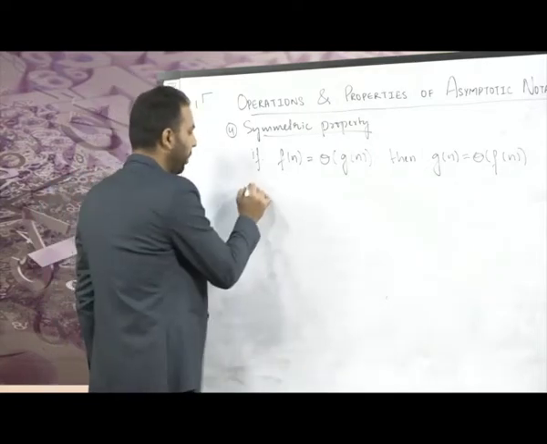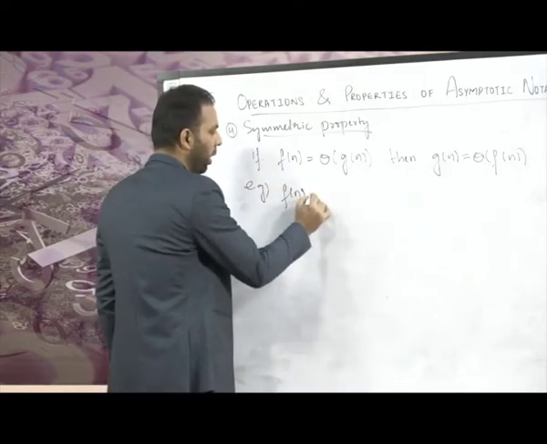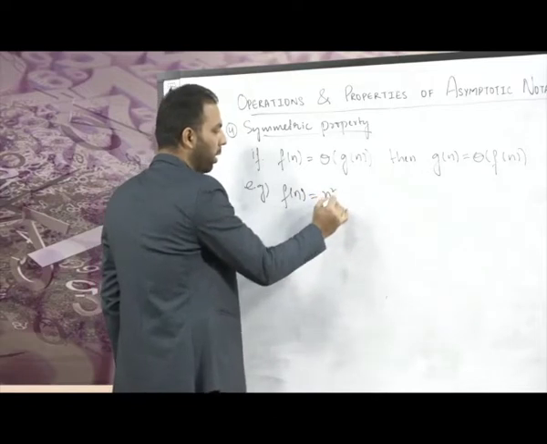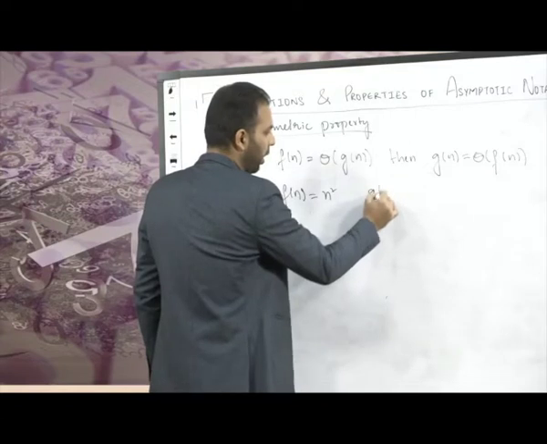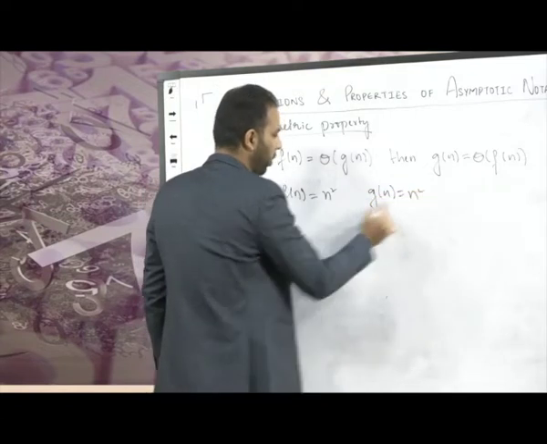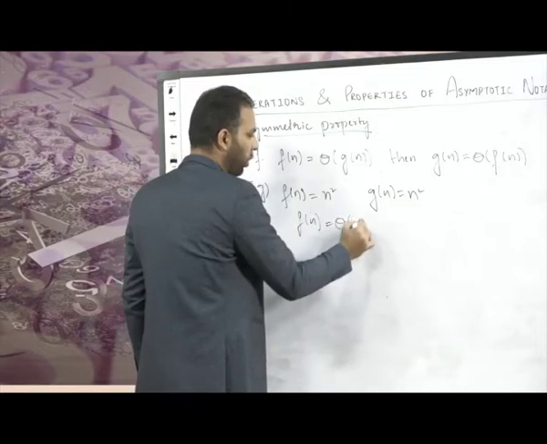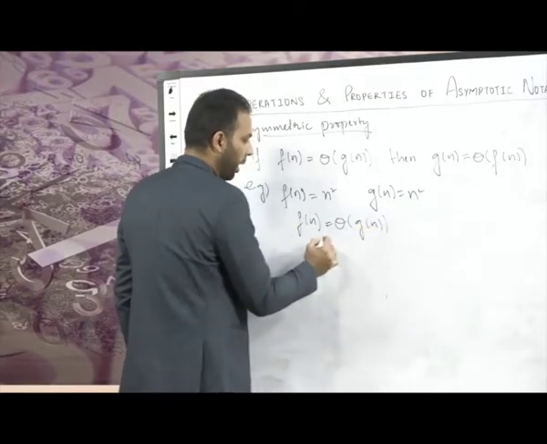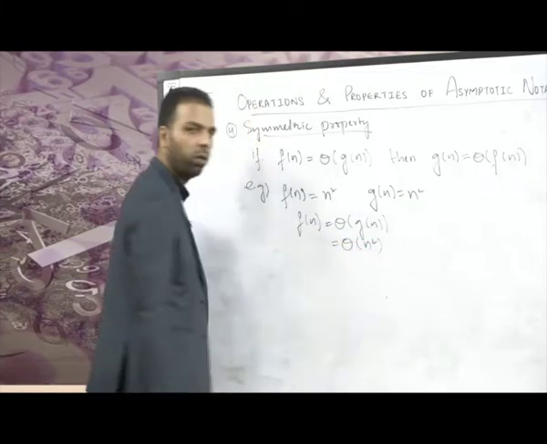So we'll see an example. If f of n is equal to n square, and your g of n is also equal to n square, so we can say that your f of n is theta of g of n, because f of n will be theta of n square, which is true, fine.